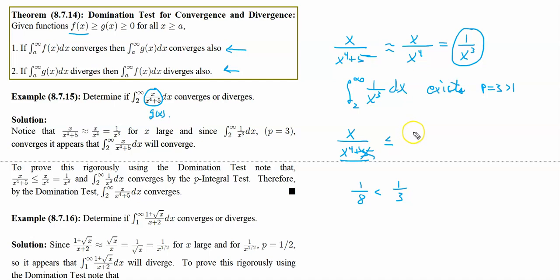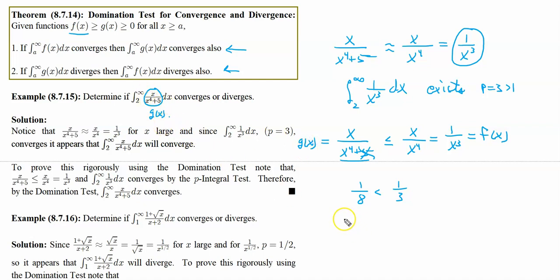And so this is going to be less than or equal to x over x to the 4th. Well, that's just equal to 1 over x cubed. So that's going to be the f of x that we're working with. And this was our g of x, what we started with, our integrand here.